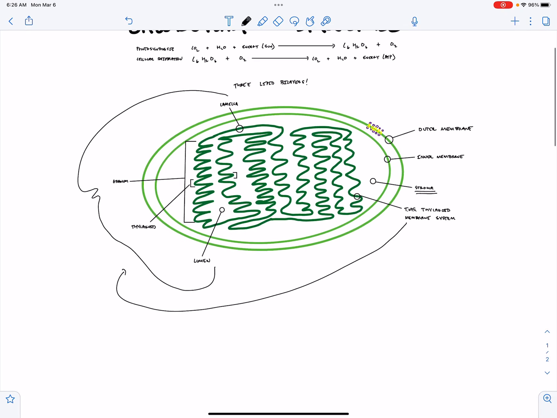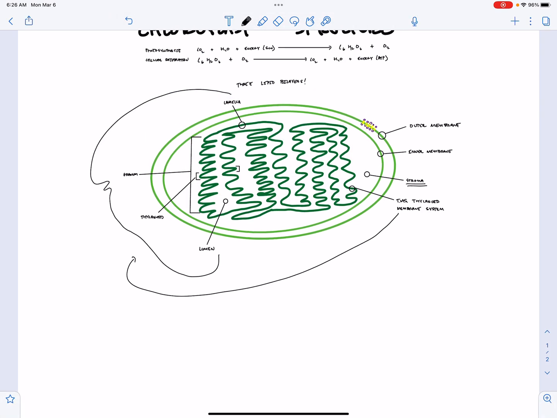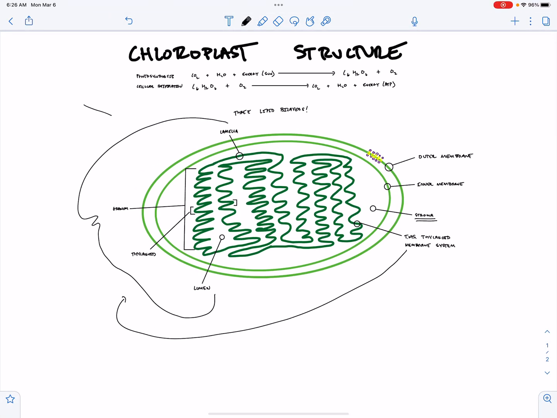So in your next screencast, we're going to zoom out, and we're going to put the whole chloroplast in context. So we're going to say, okay, here's my zoom out box.